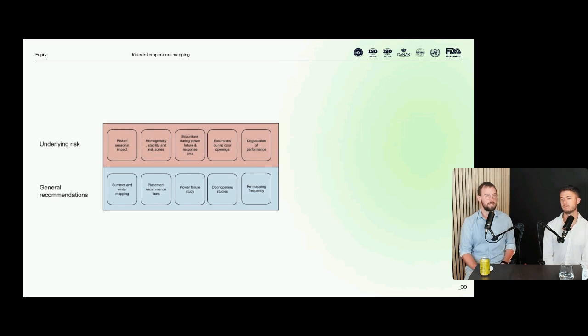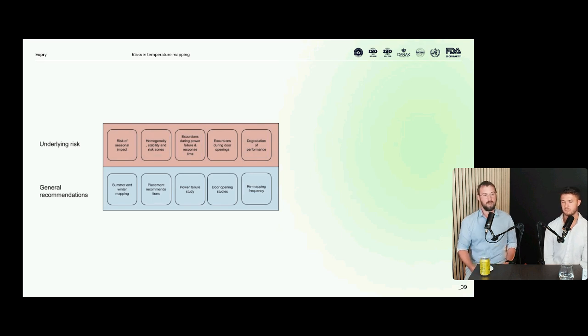There's also a risk that the temperature is not stable. That's why you need a lot of different data loggers at different positions in order to determine temperature stability at those different points. So there's a whole risk analysis that you need to perform if you want to adopt the risk-based approach. Another great example are door opening studies and power failure studies.